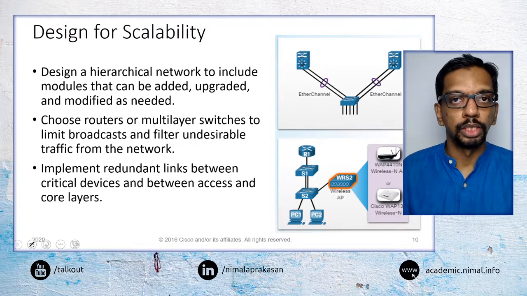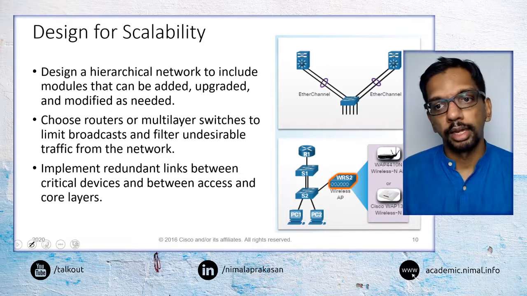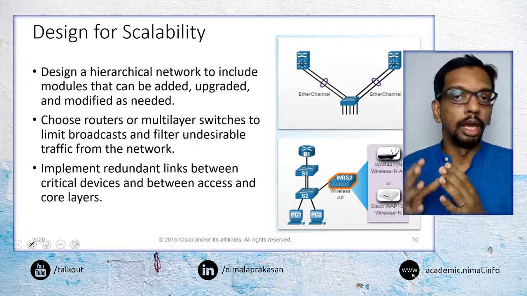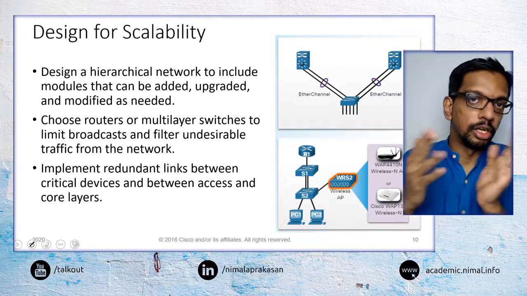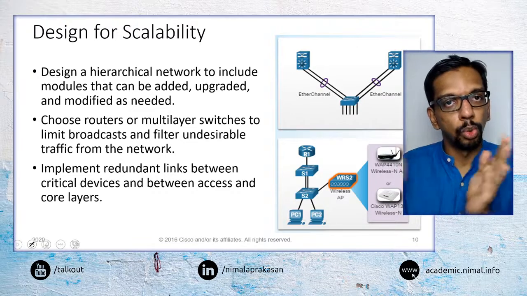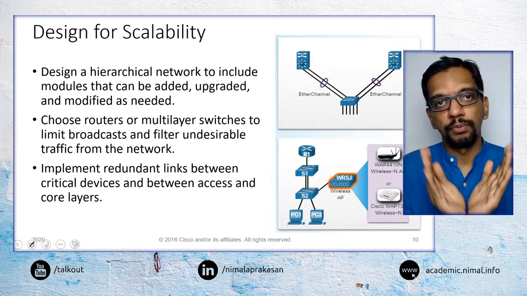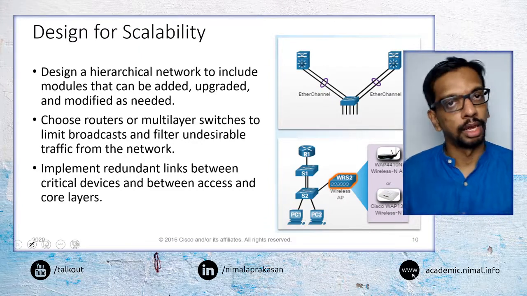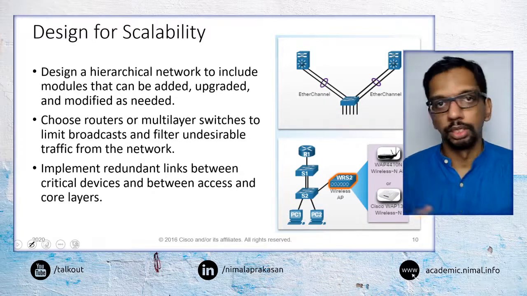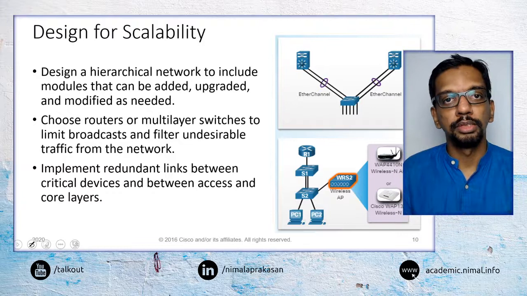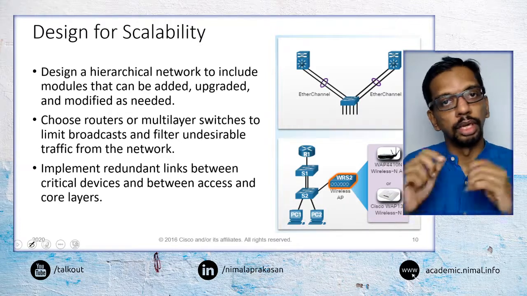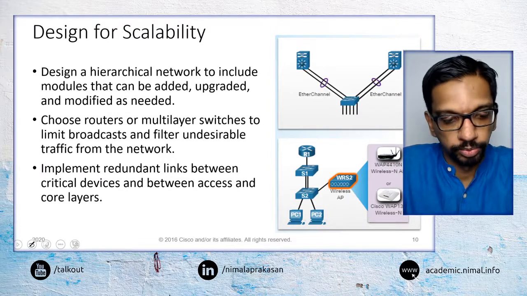Choosing suitable routers and switches that can cater to that level of connectivity, using approaches such as link aggregation, having redundant links, and so on. These are some of the capabilities that we may want to have in a large scale network. We have to think about that from the beginning itself, so we know how it can work in the future. These are some of the strategies we may have to think about when building these types of networks, and we will discuss those in a bit more detail later on.